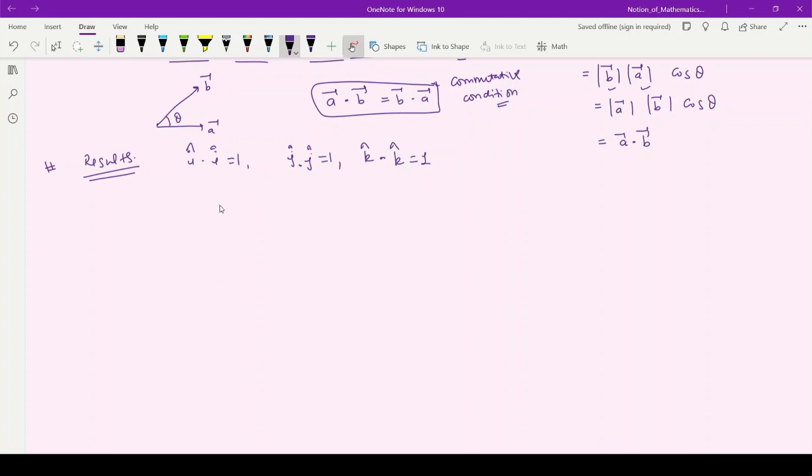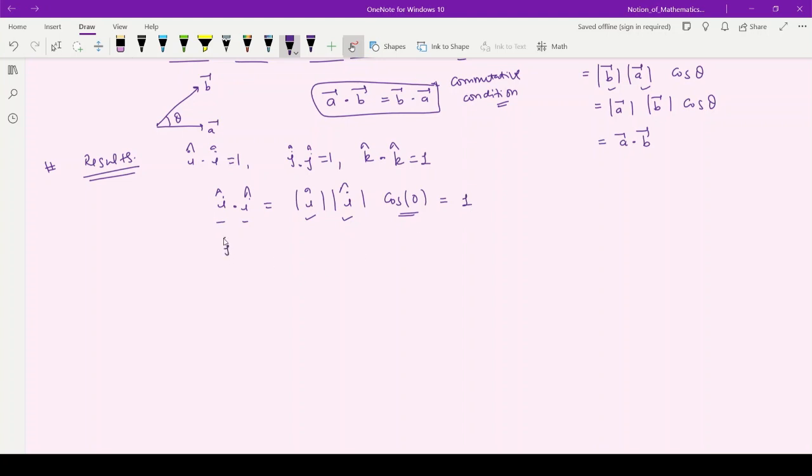How? I cap dot I cap is mod I cap mod of I cap into cosine 0 degree. The angle of I with I is 0. That is why cosine 0 is 1, mod of I is 1, mod of I is 1, ultimately it is 1.